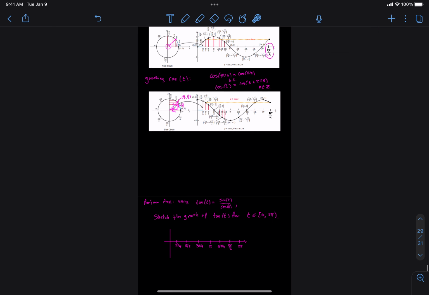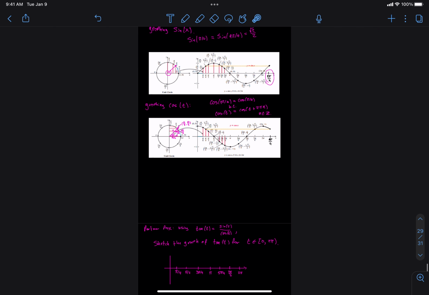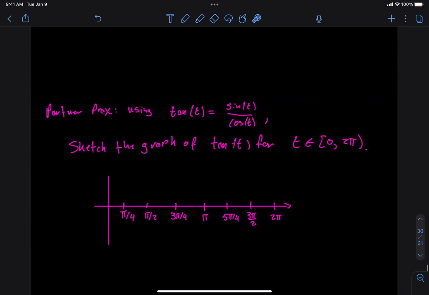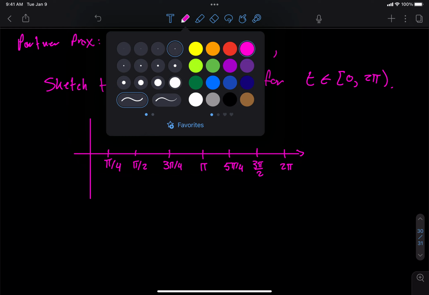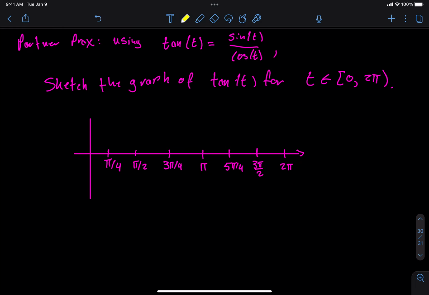I'm just going to show you here really quickly. Sine looks something like this. Okay, here's sine.